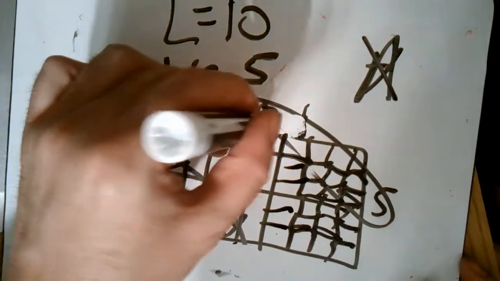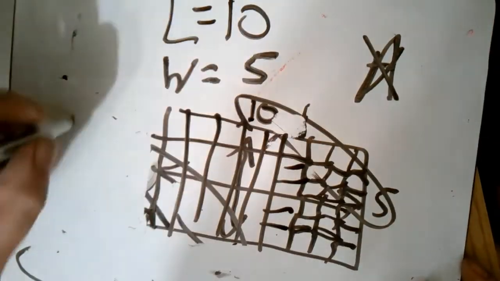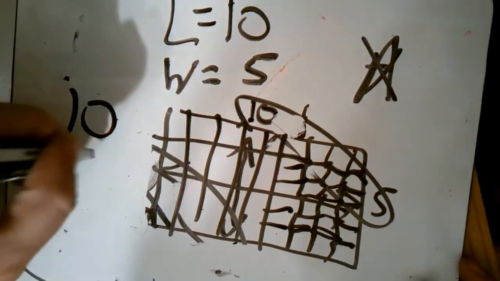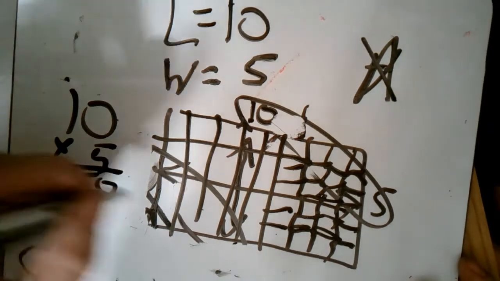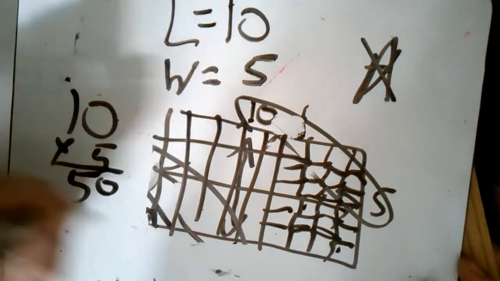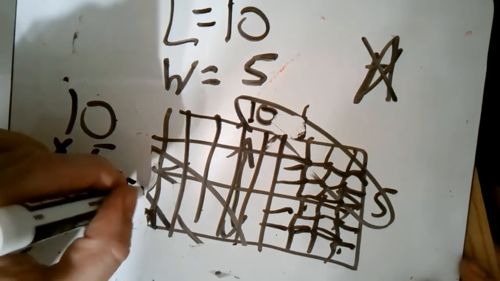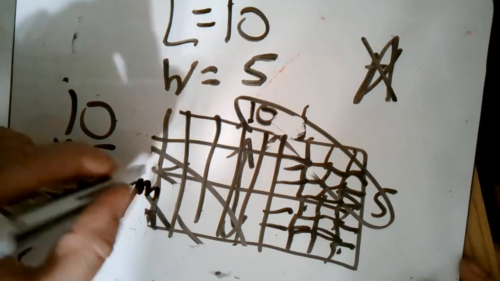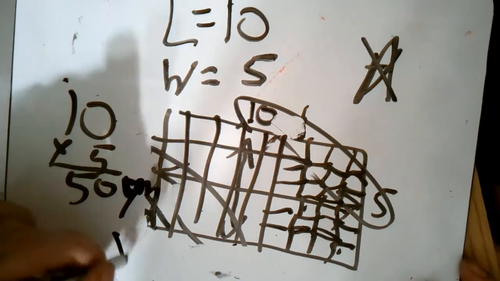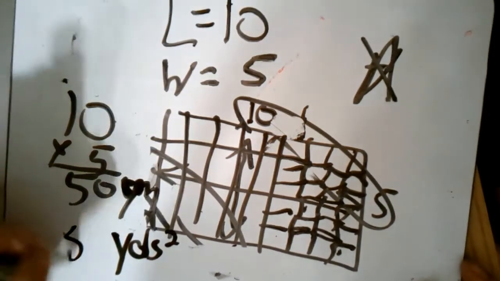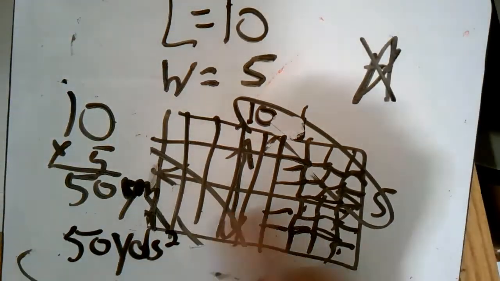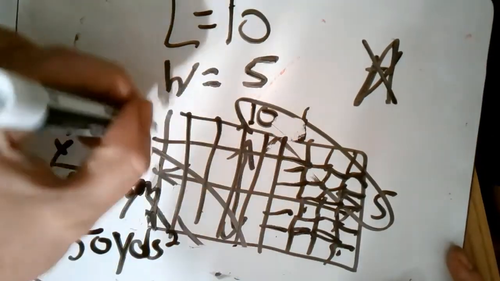So I'm going to multiply 10 times 5. Well, 10 times 5 gives me 50. So there's 50. 5, 10, 15, 20, 25, 30, 35, 40. It's going to be 50 centimeters, excuse me, yards, very small centimeters. Yards, YDS, yards, and that's going to be squared, because that's the small portions.